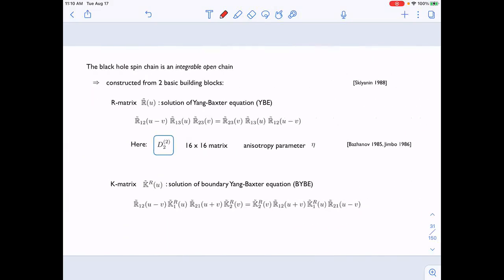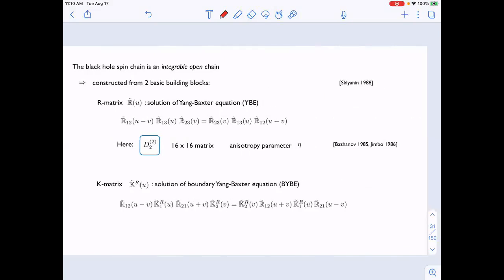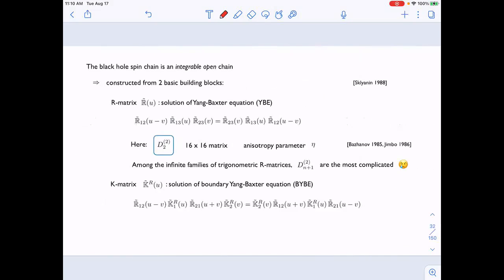And well, this guy, as well as many others, were written down a long time ago by Bazhanov and Jimbo. But among the infinite families of trigonometric R matrices, these twisted D's are the most complicated, which is probably why you haven't heard a lot about them. And so indeed, there's not too much known about such models.